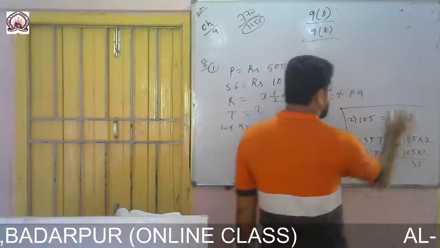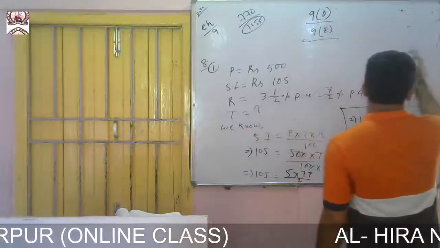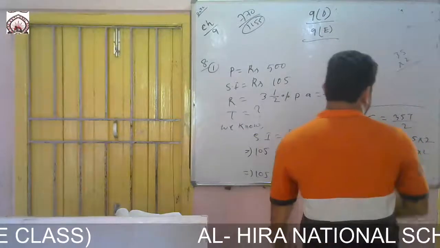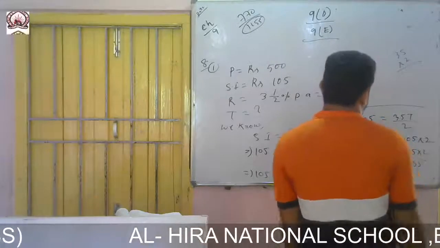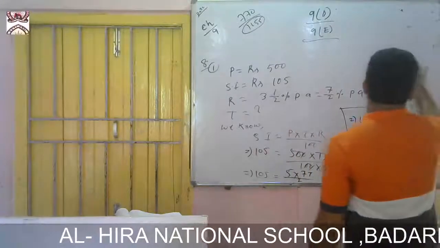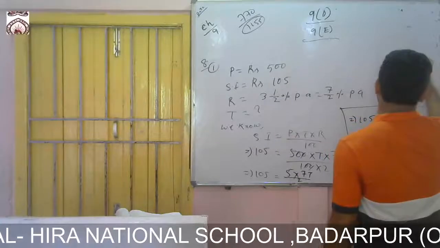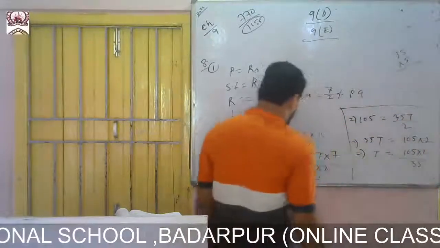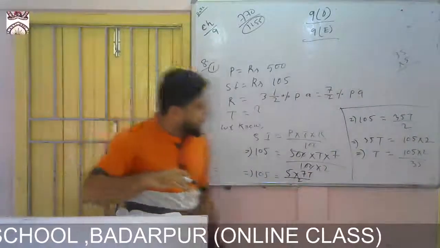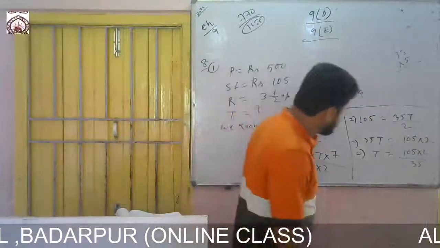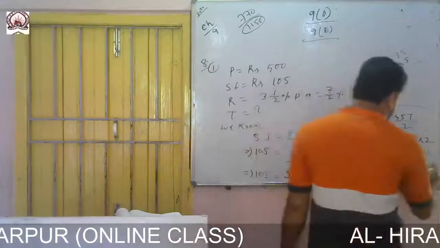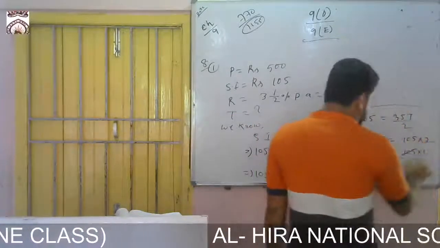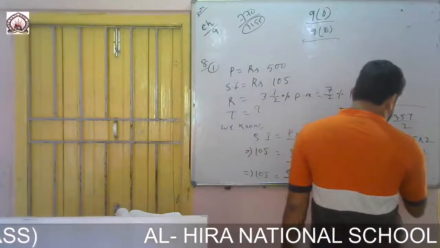So 35, how much? Let us check. Let us cancel this one with 7 and this one with 5. 5 twos are 10.